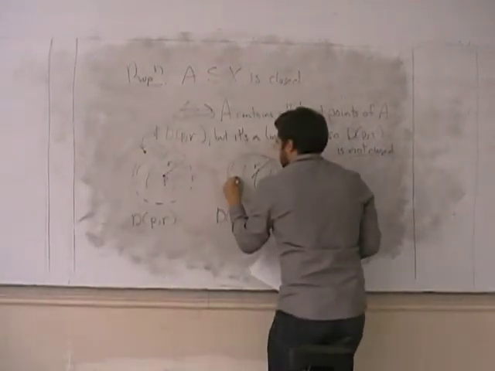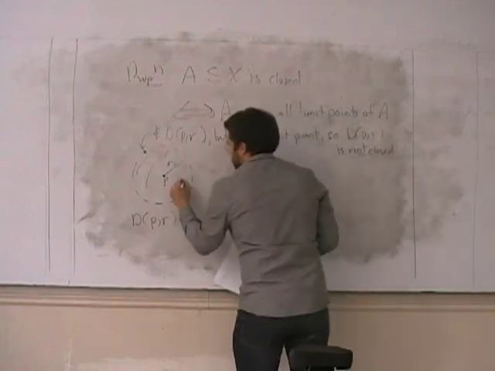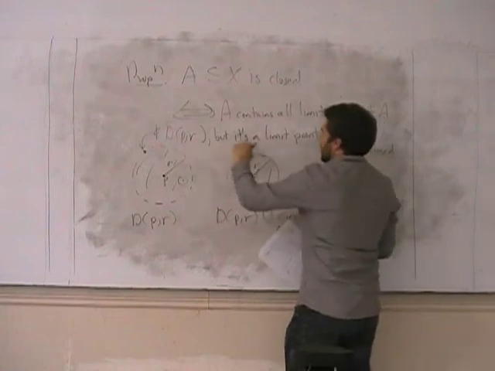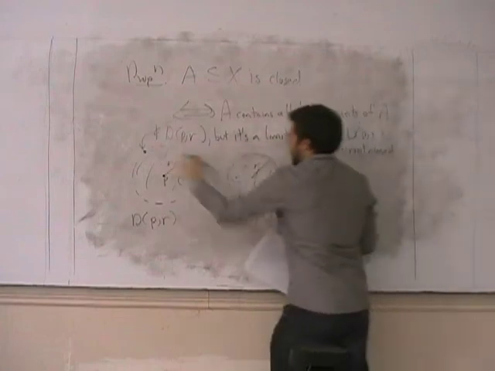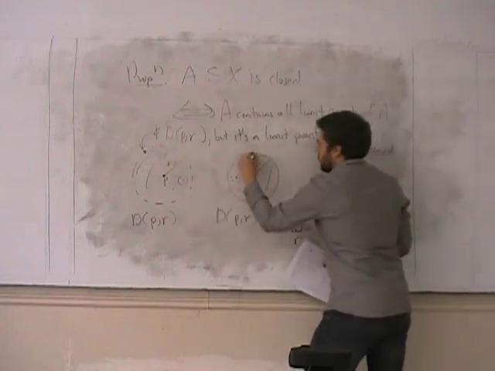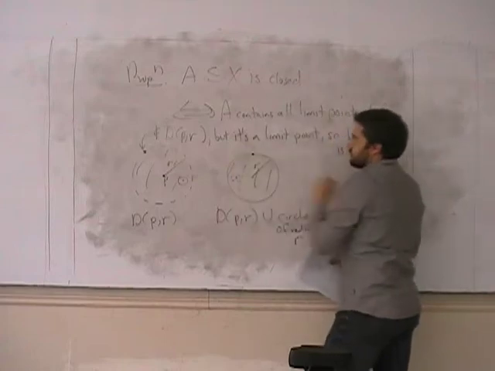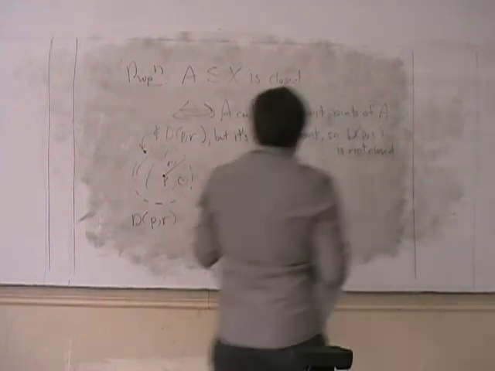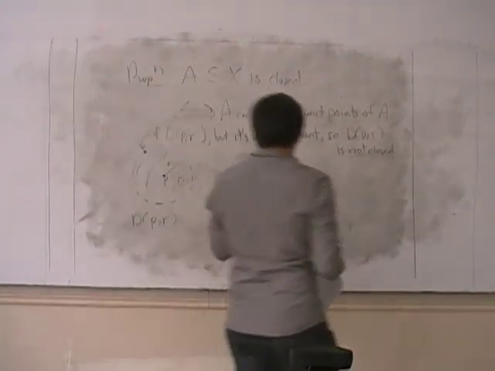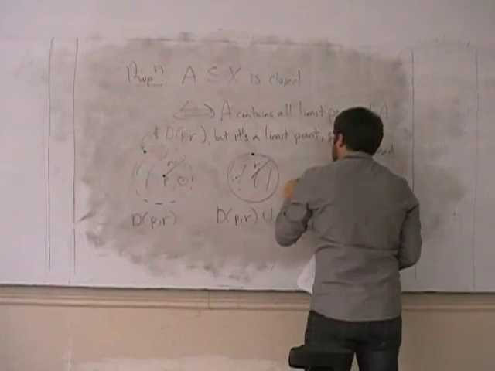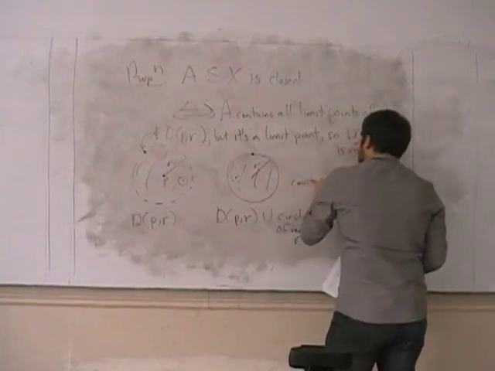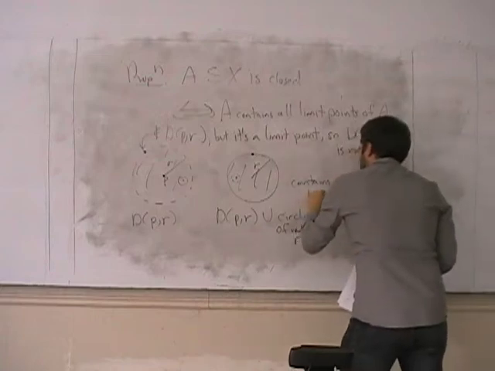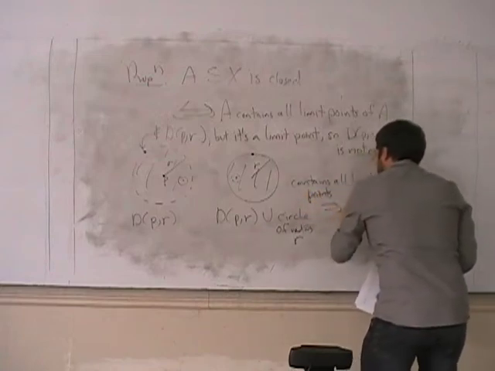I mean, these points are limit points, but they're in the set just like they were over here. But now you've taken this point here that is a limit point, but it's not in the set, and you've included the circle, so you've included all of the limit points of the set. So this is closed. This one contains all limit points, so it's closed.